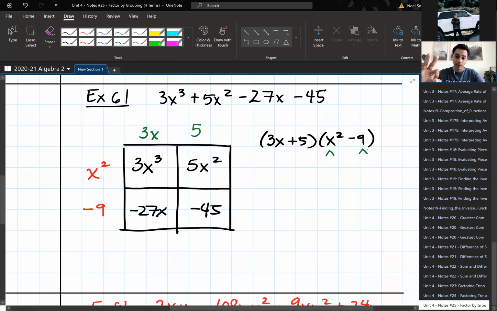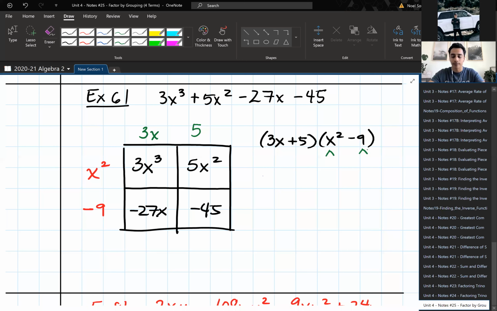Cubed would be powers of 3. Do you see a power of 3? Trinomial is when it has 3 terms. It is a binomial. It's a special binomial. Somebody said it in the direct chat. I want you to put it on the full group chat. Yeah, it's a difference of squares.